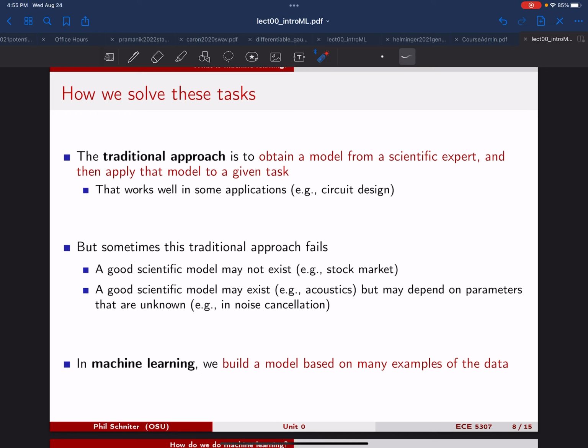So noise canceling is definitely an example of learning. It's actually one of the very first examples. In the 50s already they were doing it, and they were doing it with tubes and actually mechanical circuits, and it was crazy what they had to do, but it was the very beginning of learning. So there are various reasons why sometimes we would like to use learning instead of some expert-driven models.